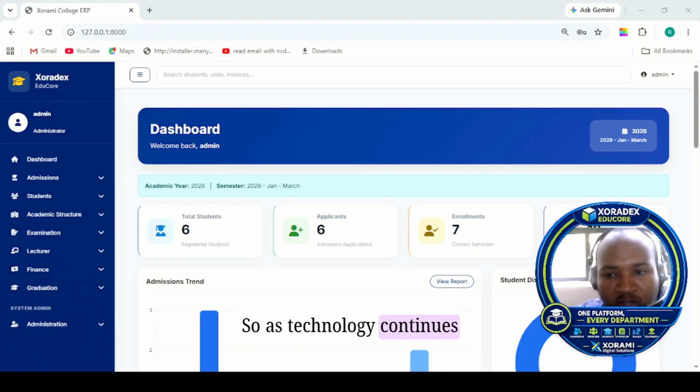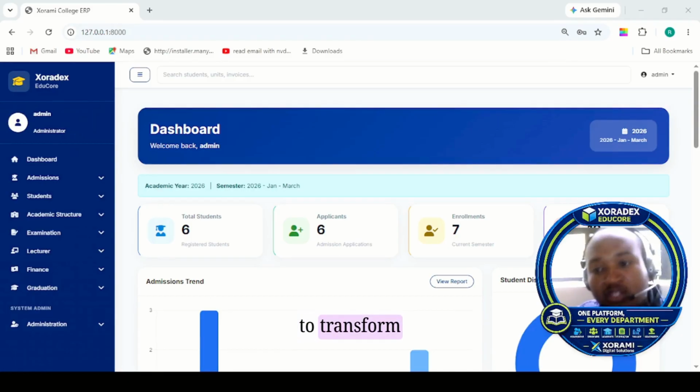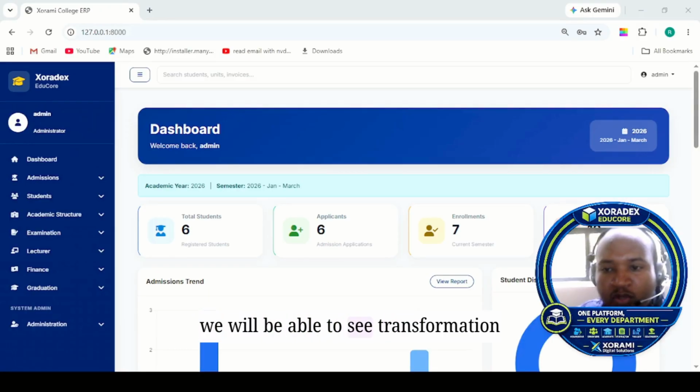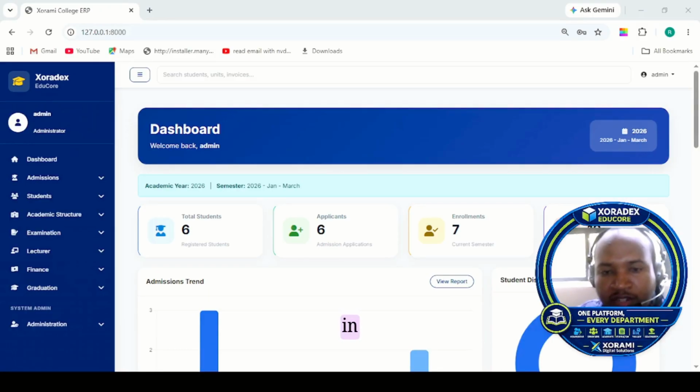So as technology continues to transform the industry, I believe even the education industry should not be left behind. And that is why Xorami Digital Solutions is working on XoraDex EduCore as a journey that will see transformation in the education industry.